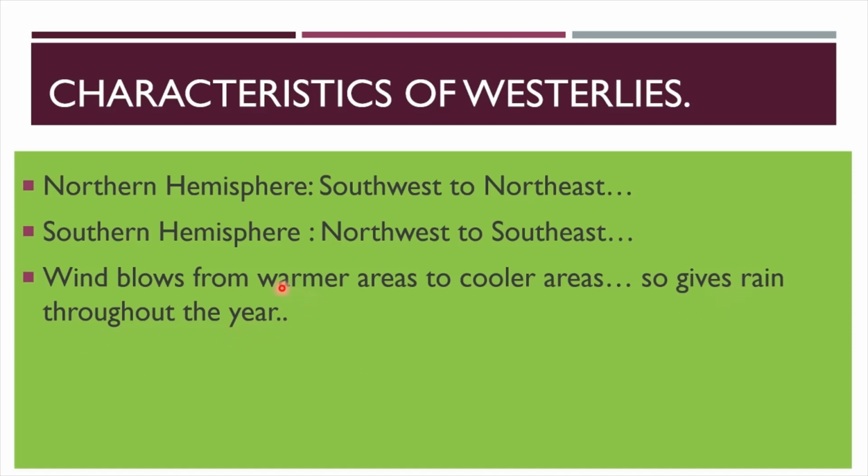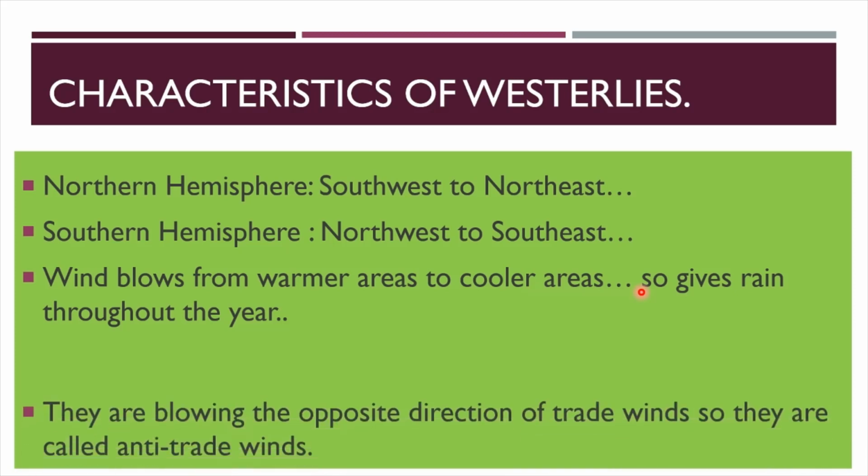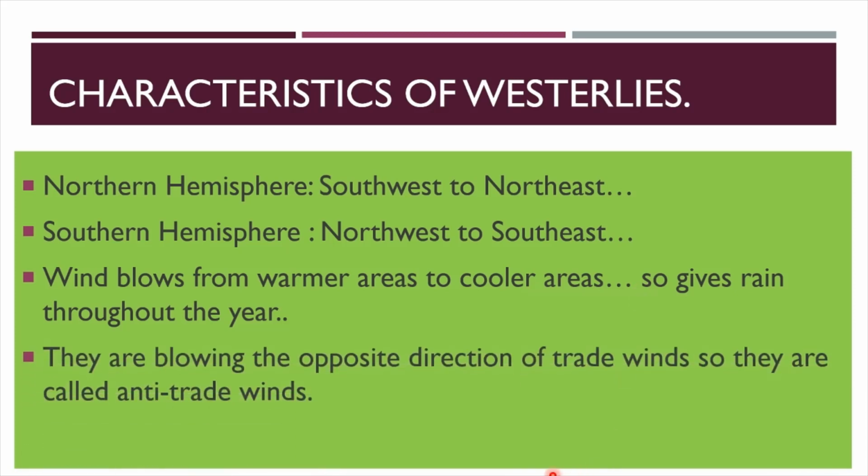It comes from the warmer area, the subtropical high pressure belt, to the subpolar low pressure belt. The subpolar areas are cooler, so it gives rain throughout the year. They blow in the opposite direction of trade winds, so they are called anti-trade winds.